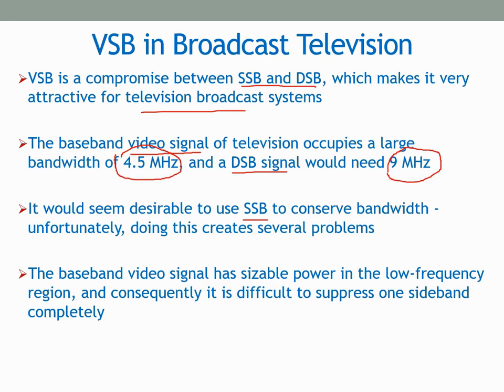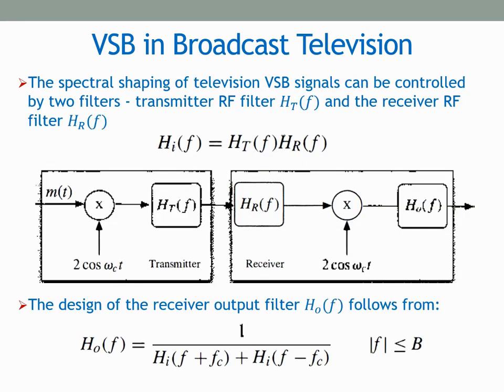The problem is that in the video signal, we have a strong frequency content around the DC, zero frequency, so using a perfect sharp cutoff filter is not possible. So SSB is not a feasible option. As a result, VSB is used for television broadcast, and there is a slight difference from what we saw previously.